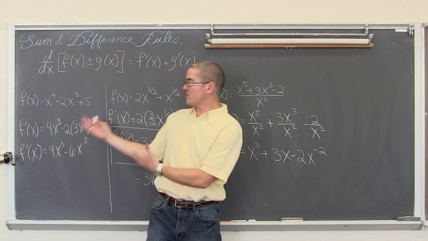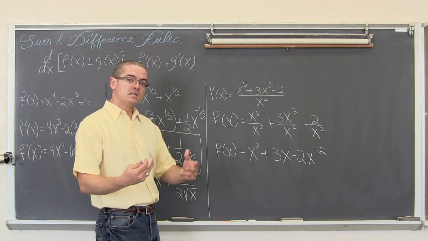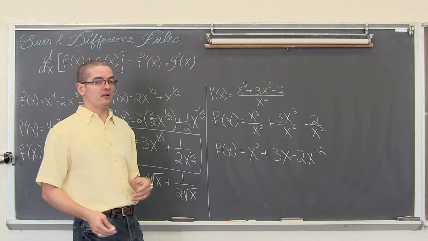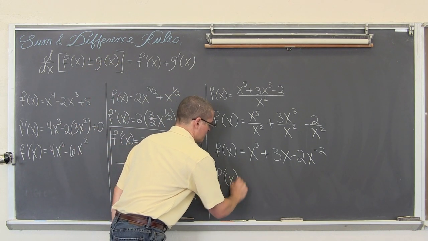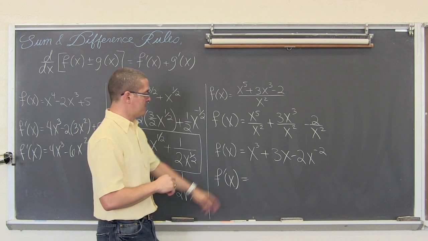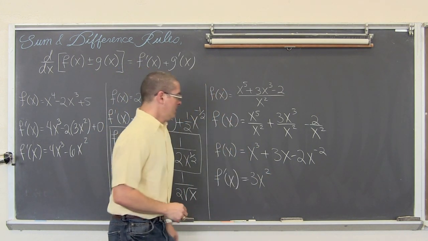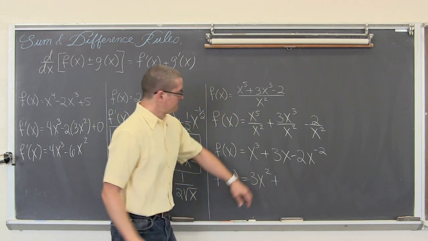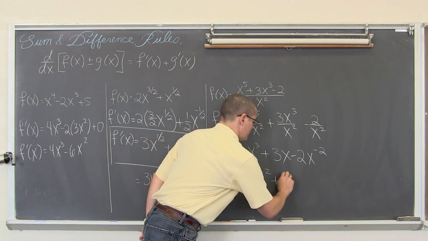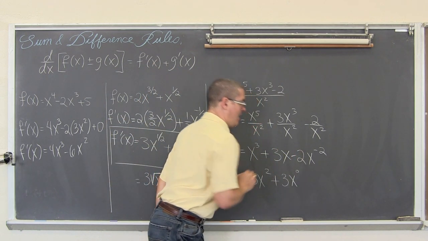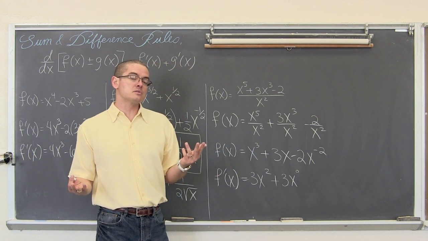And now this is really just like these first two examples. We're going to find the derivative of each term separately, and the final answer is just the sum of all those individual derivatives. So f prime of x, or the derivative with respect to x, is equal to, take this 3, drop it down, 3x squared plus, this has an exponent of 1, so when I drop that down I'm going to have 3 times x to the 0 power because 1 minus 1 is 0, and anything to the 0 power is 1.